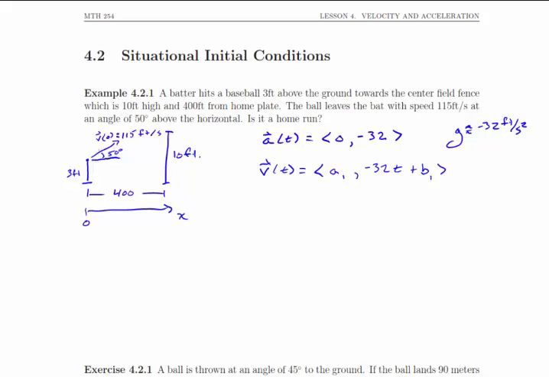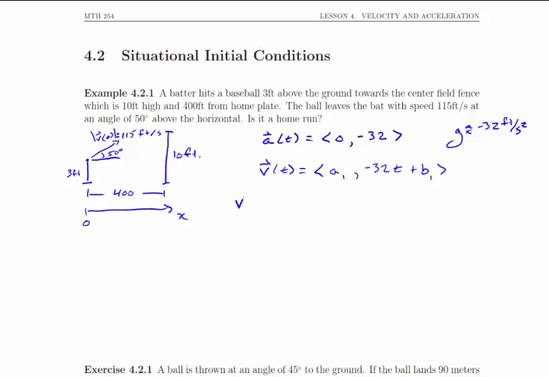Well, I'm forgetting to note that this is actually the magnitude of the velocity, not the velocity itself. It's not just 115 feet per second. It's 115 feet per second at an angle of 50 degrees from the horizontal.